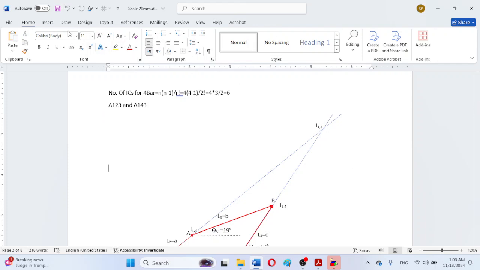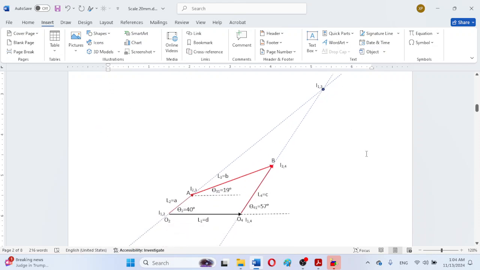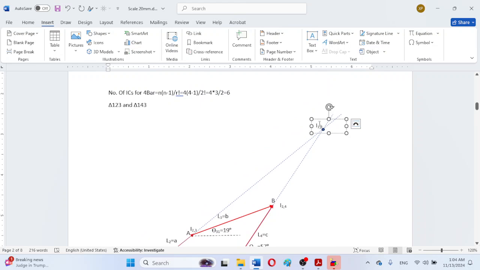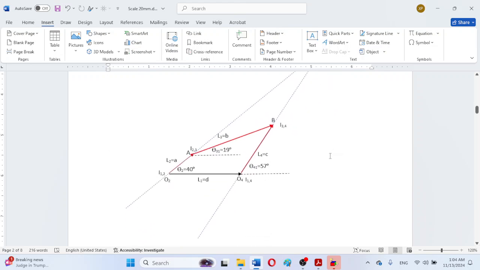To further highlight the intersection, we can use a simple shape figure and draw a simple circular shape like this. So in this way, the unknown instant center I1 comma 3 for link number 1 and 3 has been calculated.